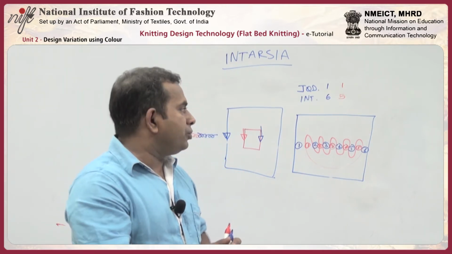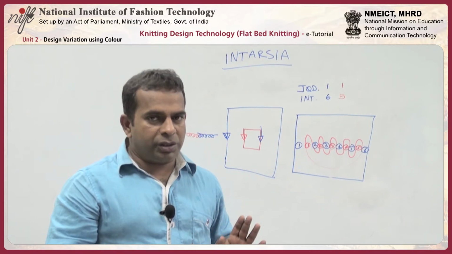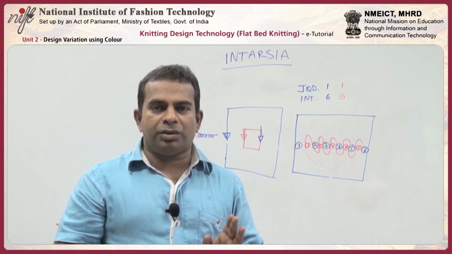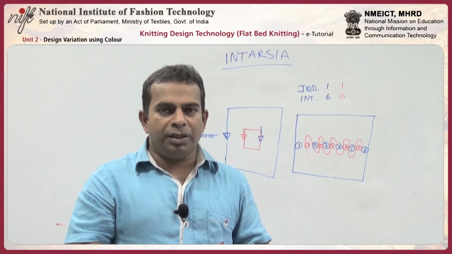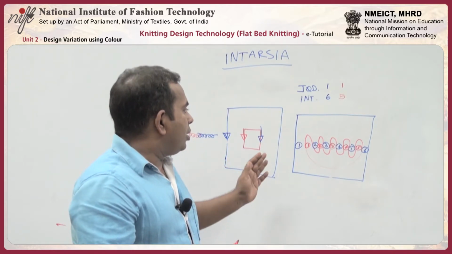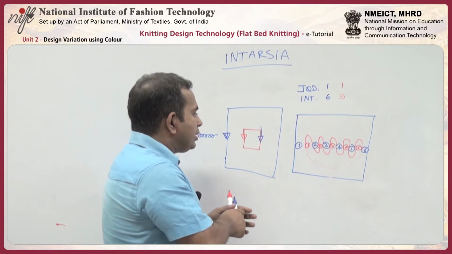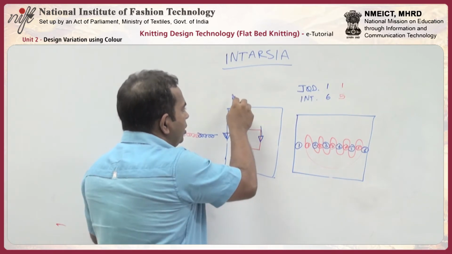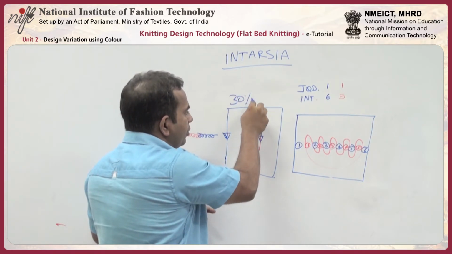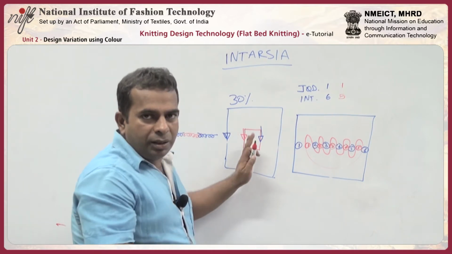Let's say if we use acrylic yarn, which is the cheapest yarn, around 250 rupees a kg in India, we would be wasting, let's say, 30% while doing the Jacquard here.